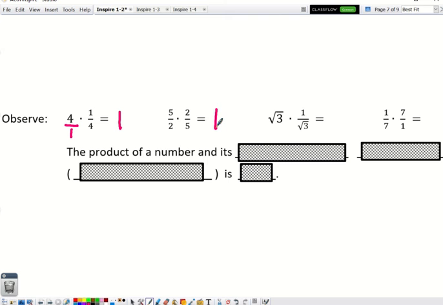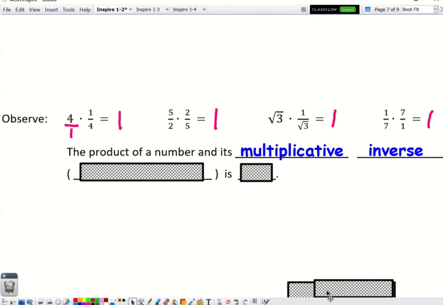And √3 times 1/√3, you get 1. And 1/7 times 7/1, you get 1. And all this is just there to show that the product, which means multiplying, obviously, of a number and its multiplicative inverse. But we're going to go with what word?